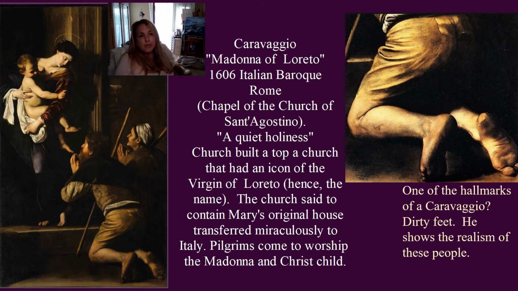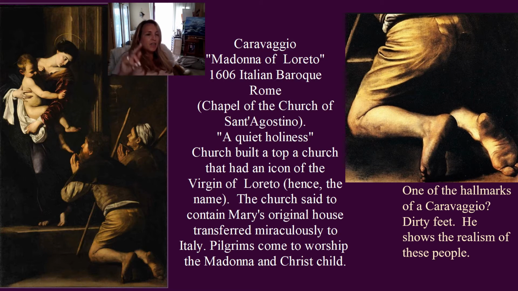So Madonna of Loreto, she's garbed kind of differently, in a burgundy, velvety sort of tunic and a purplish blue skirt. And so she's really striking and really different. Her features are a little bit different, and her hair, again, she looks very Italian.